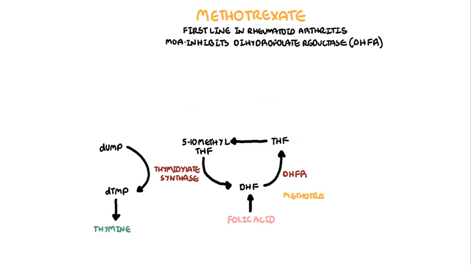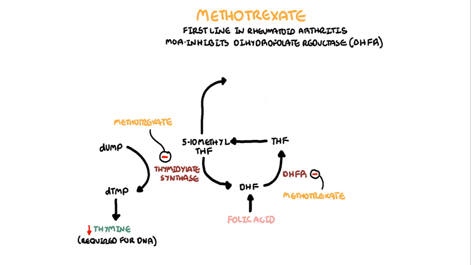Methotrexate is known to inhibit dihydrofolate reductase, but also thymidylate synthase, leading to decreased synthesis of thymine, which is required for DNA synthesis. 5,10-methyl tetrahydrofolate becomes 5-methyl tetrahydrofolate through the enzyme methylene tetrahydrofolate reductase. 5-methyl tetrahydrofolate can be recycled to tetrahydrofolate through a co-reaction with methionine synthase, which uses vitamin B12.